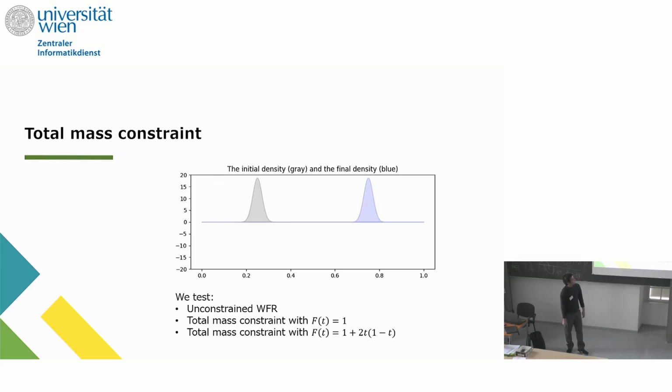We will look at the total mass constraint. The first is unconstrained Wasserstein-Fisher-Rao, the second is the total mass constraint with f_t equals 1, and the last is the total mass constraint with a quadratic function. The second one is, as we discussed earlier, the spherical Hellinger-Kantorovich case.